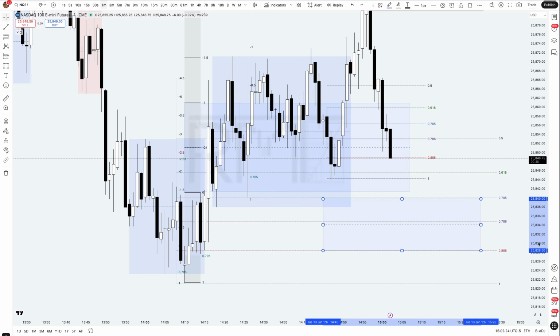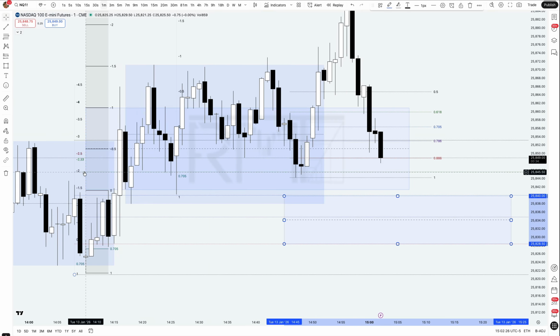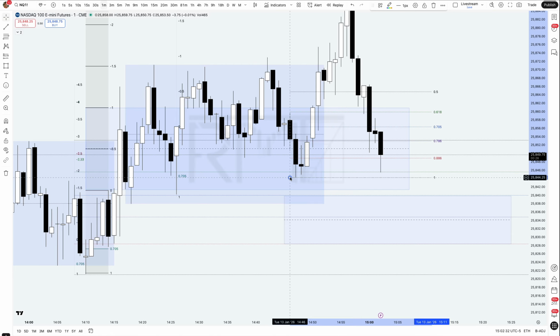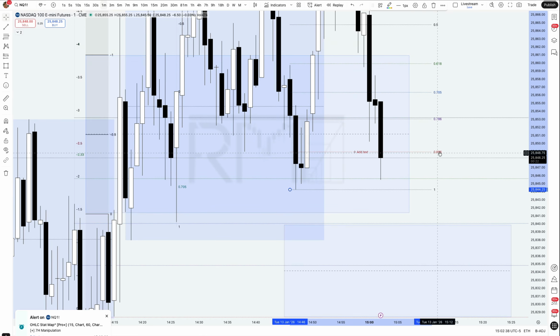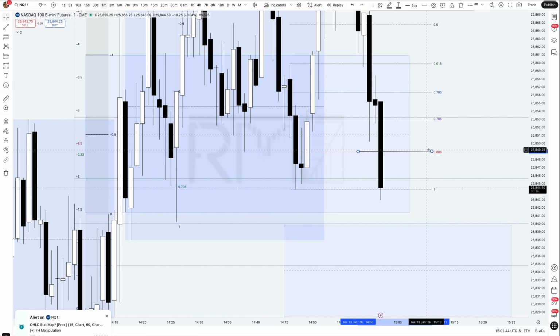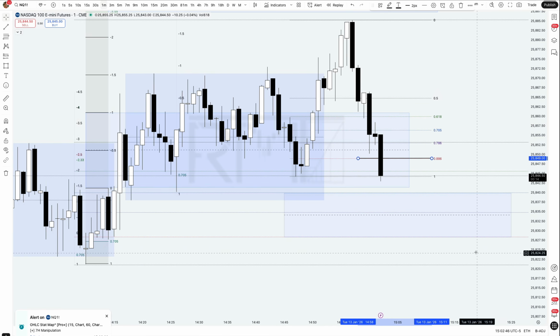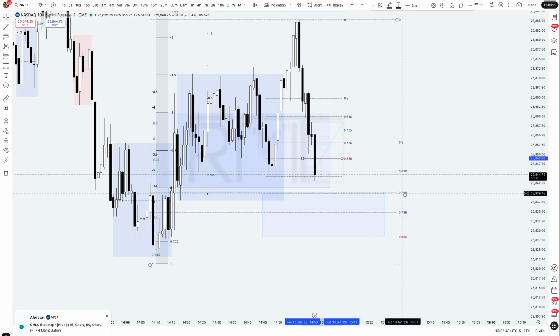And in this case, knowing that we should retrace around 0 and -1, I'll pay attention to this one, or even, yeah, probably this one, because that was the start of the big move, and I'll pay attention initially to the 0.886. We should fail to close below this level. If we close below this level, we're most likely to trade lower, and I'll pay attention to 0.705, 0.786 here.